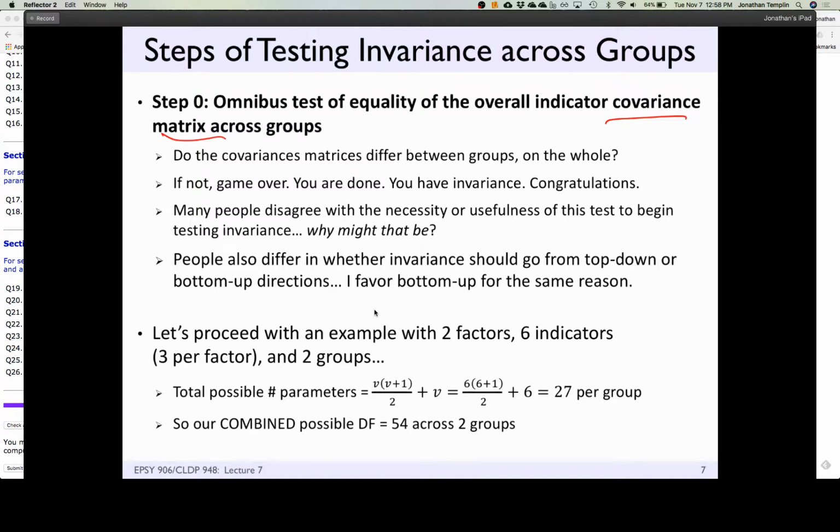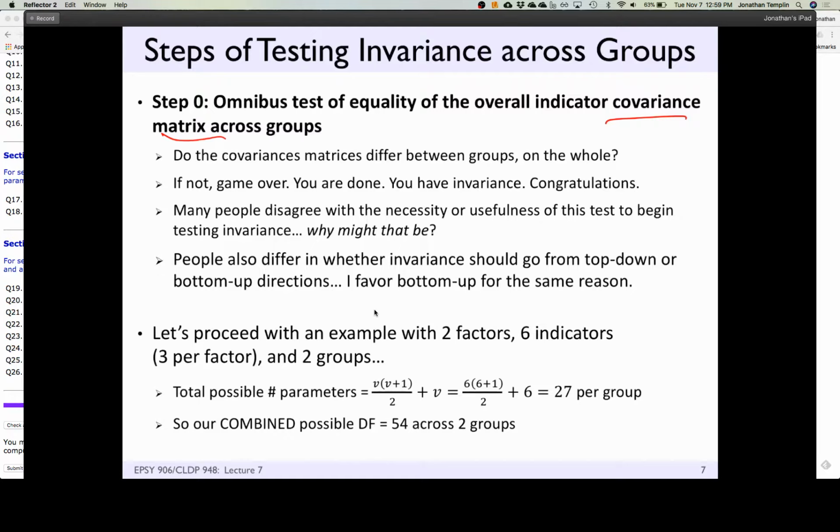Now what is that? Remember, in the CFA model, we have all these loadings and intercepts and so forth. The loadings and the residual variances give us the covariance matrix. So one of the easy shortcuts is to test whether the covariance matrix overall is the same across groups.